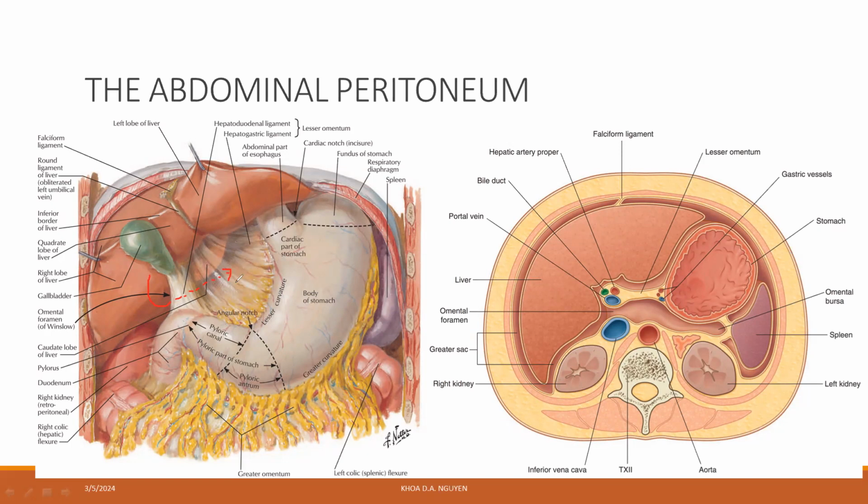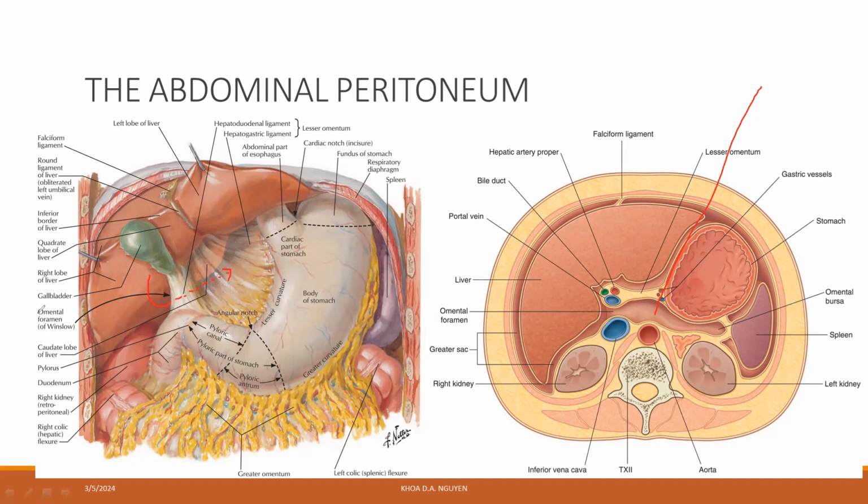Now, that space that your finger has entered is the lesser sac, also known as the omental bursa. So the omental bursa is going to be this space right there. You see that? That is going to be separated from the rest of the peritoneal cavity, also called the greater sac, by this foramen of Winslow right here that your finger can actually access.